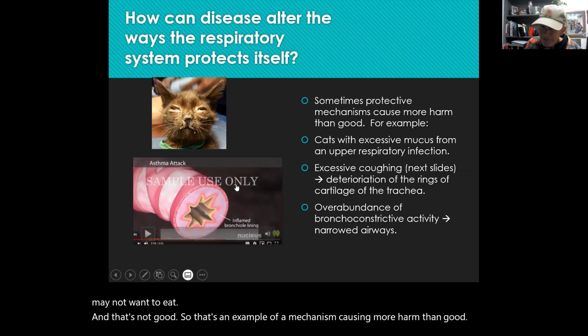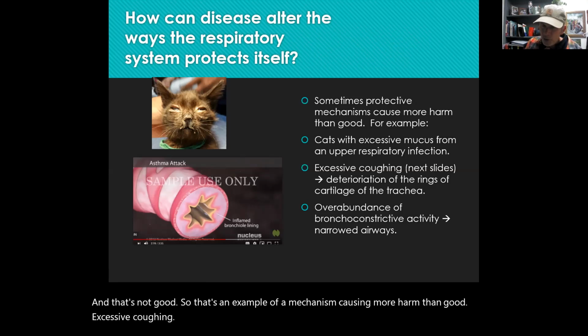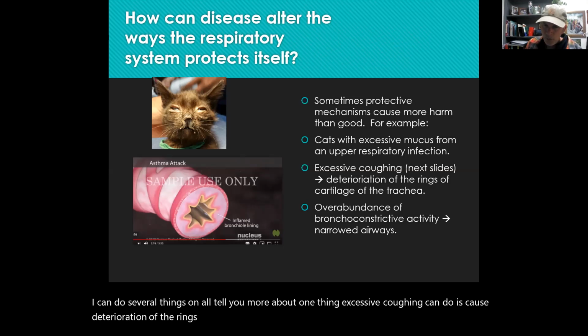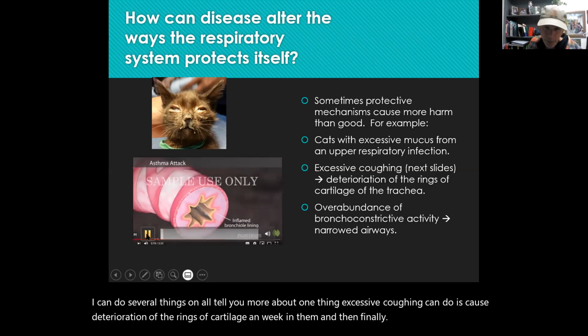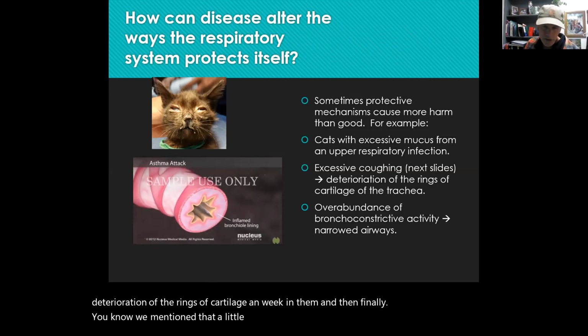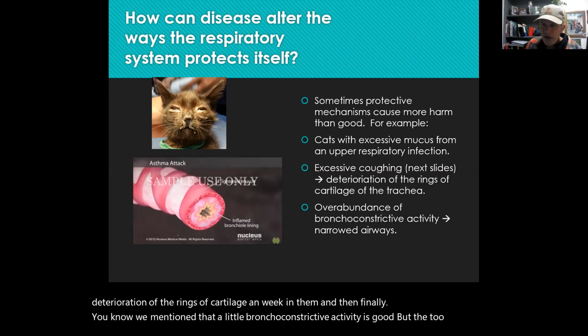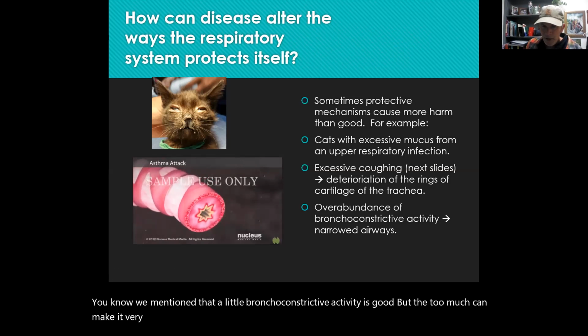Excessive coughing can do several things. I'll tell you more, but one thing excessive coughing can do is cause deterioration of the rings of cartilage and weaken them. And then finally, we mentioned that a little bronchoconstrictive activity is good, but too much can make it very difficult to breathe, causing wheezing.